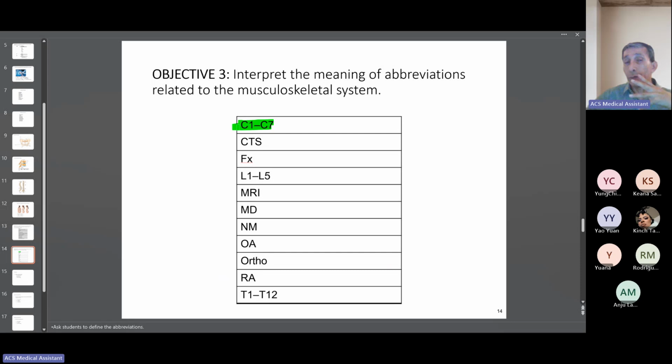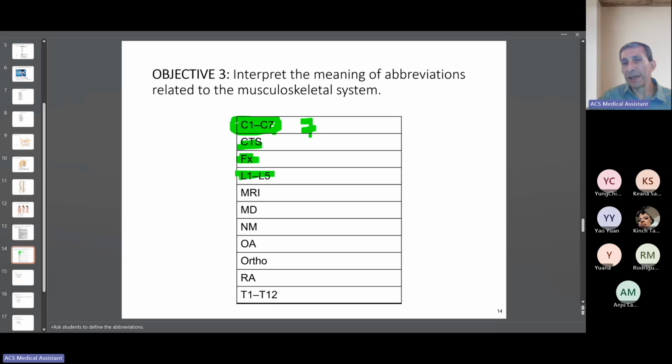Remember, the cervical vertebrae are the vertebrae on the patient's neck. There are 7 vertebrae in the neck, the cervical region. Remember, CT means CAT scan. FX means fracture.